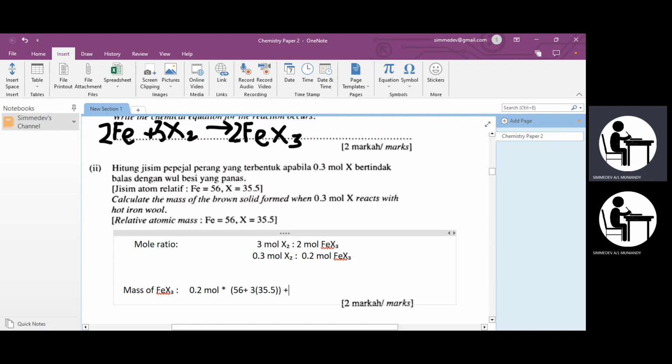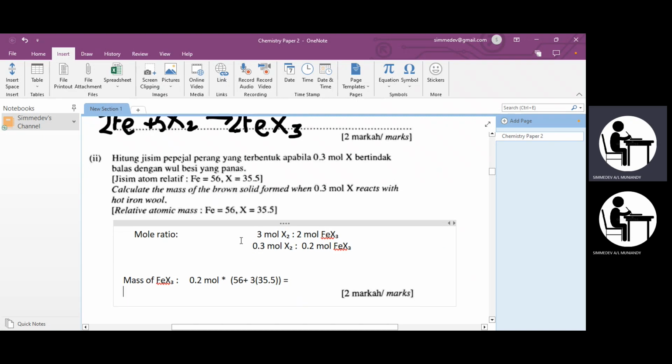Basically this is how you put it in your calculator. You should get 56 plus 3 times 35.5, times 0.2, and you should get 32.5 gram.